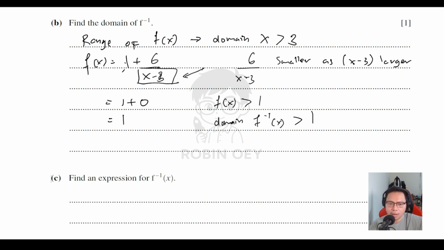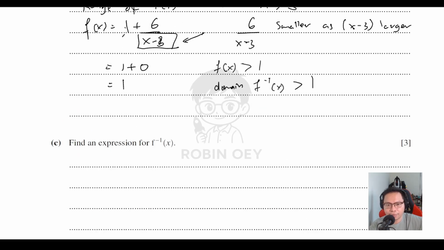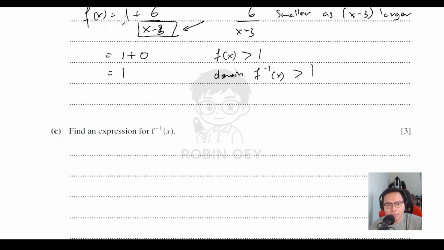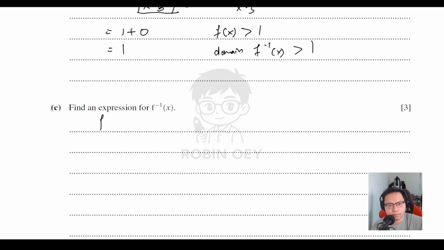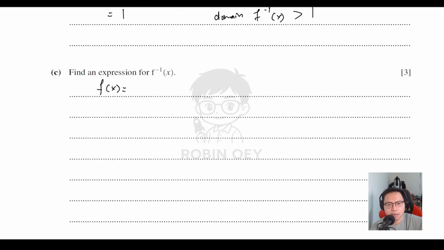Next, find the expression of f inverse. The f of x would be 1 plus 6 over (x minus 3). Let's just flip the y and x. First of all, let's put the 1 to the other side, so this becomes y minus 1 equals 6 over (x minus 3).